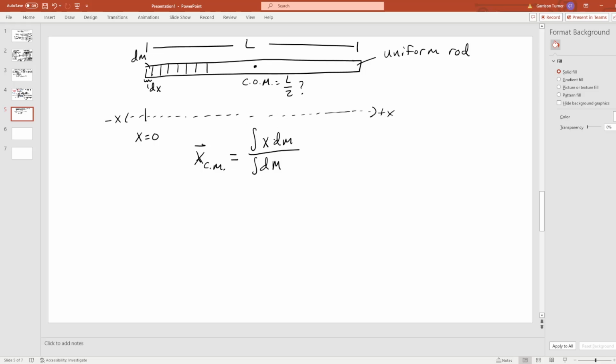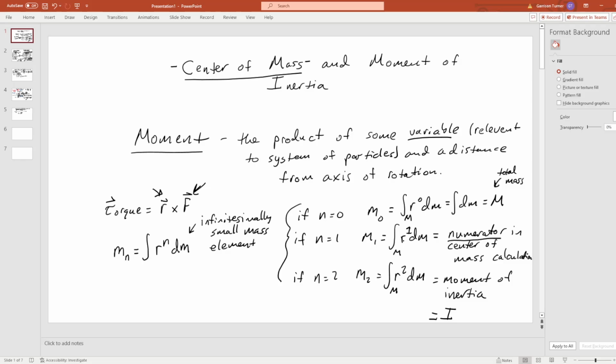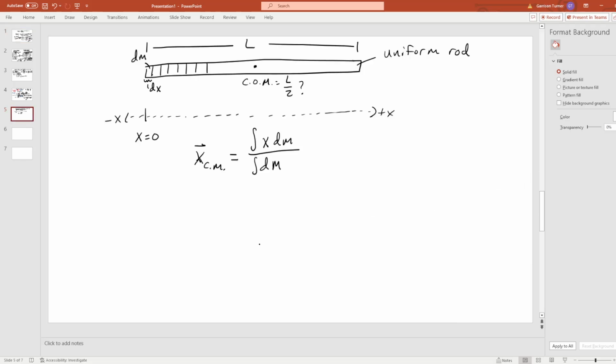The integral of x dm is the first moment of our moments. The 0th moment was the total mass. The first moment appears in the numerator of this center of mass calculation. And our integrals are over the entire mass of our object.